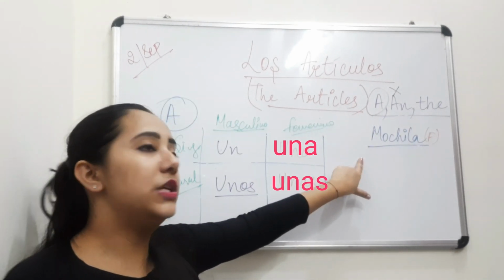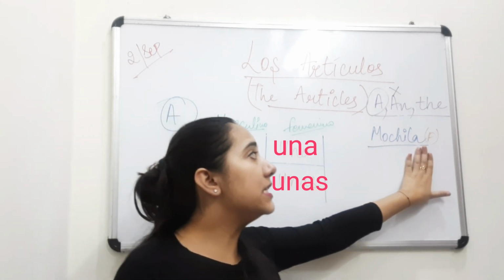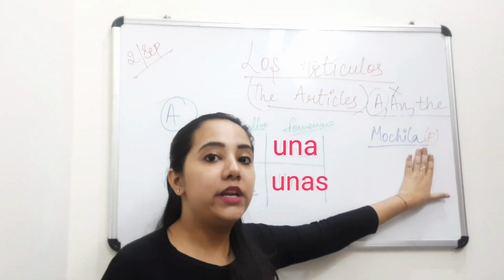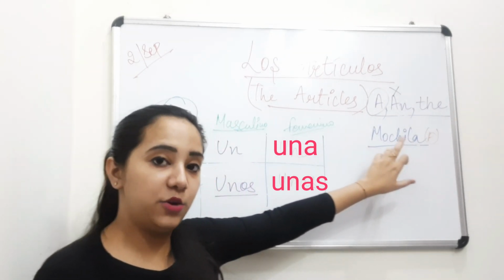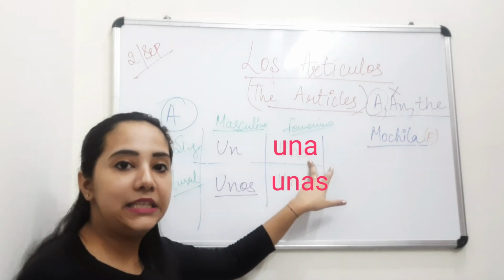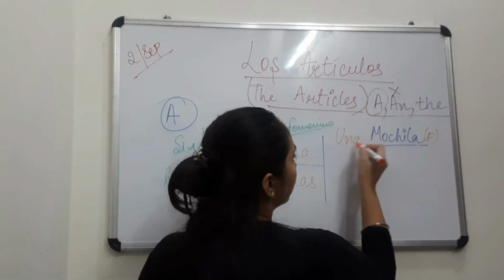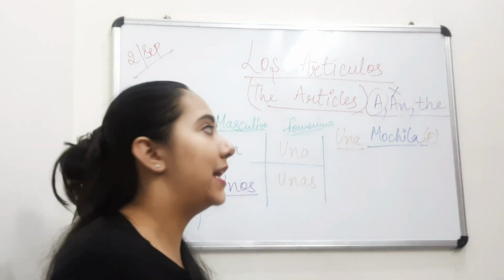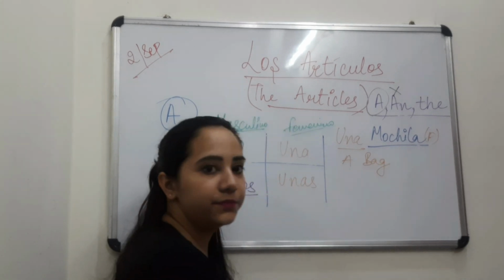Is it plural or singular? It is singular. Why? It doesn't contain any s or es in the end. So mochila is singular. I'll go for this article, una. Una mochila. That means a bag.